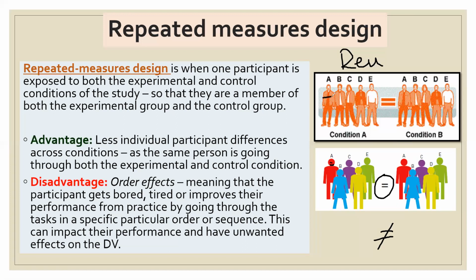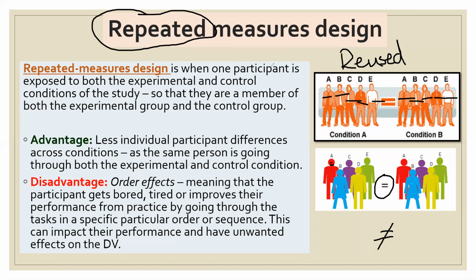So all these people, person A is person A here, person B is person B here, and so on and so forth. They're the exact identical same person being reused across both conditions. Okay, so reused. That's why it's called repeated measures design, because the participant repeats the experimental condition and then they repeat the control condition. They're used repeatedly or more than once.